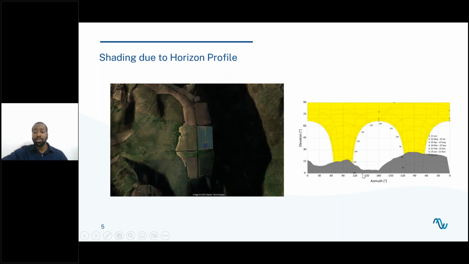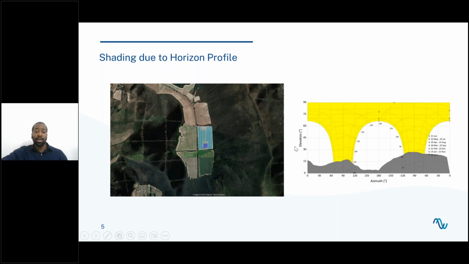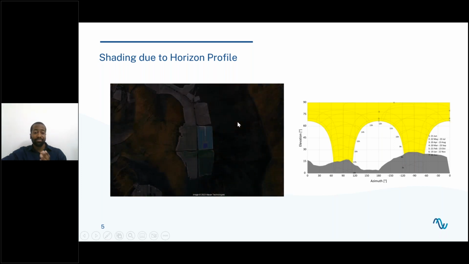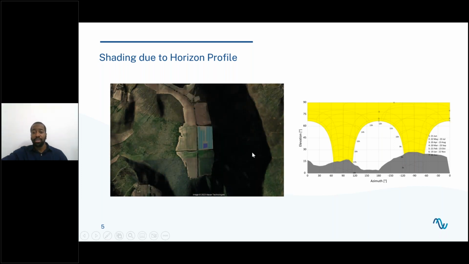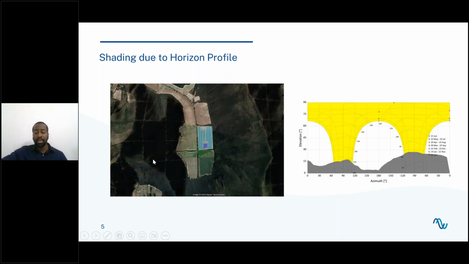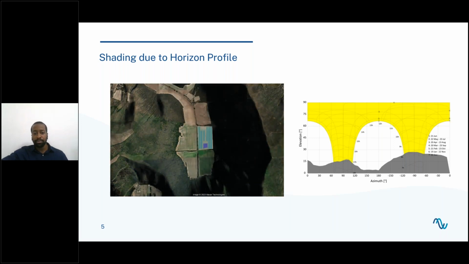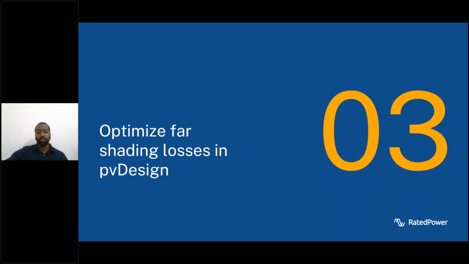You can also see that where the sun is rising on this east side, we have the highest elevation of the mountain. And on the other side, on the left side, we still have mountains, but at a much lower elevation.